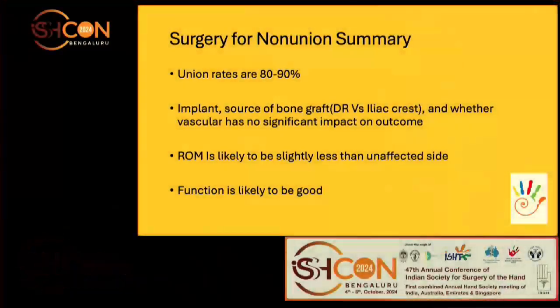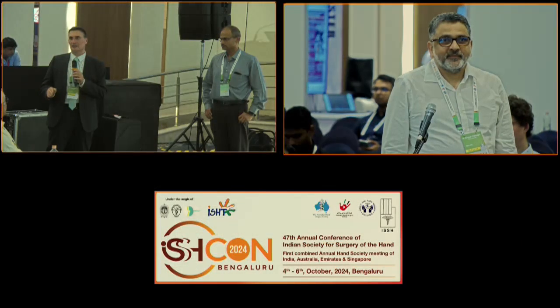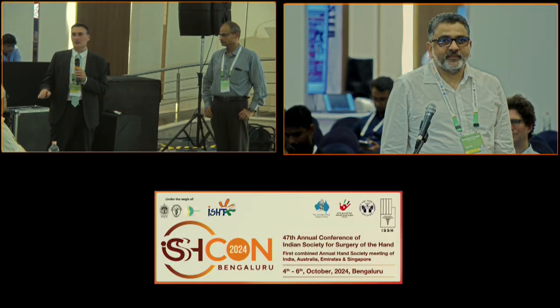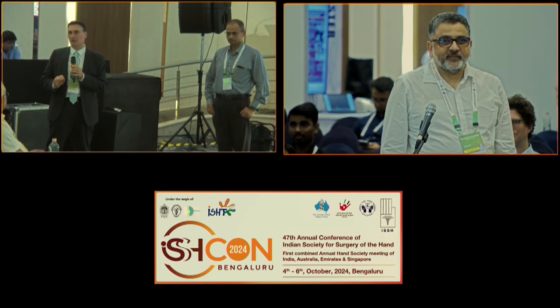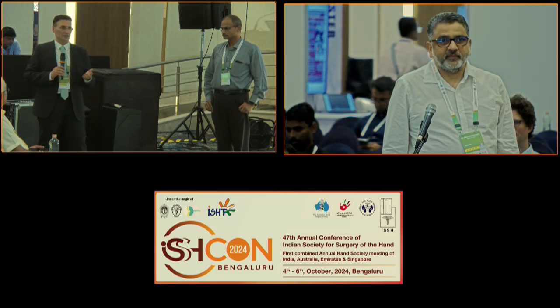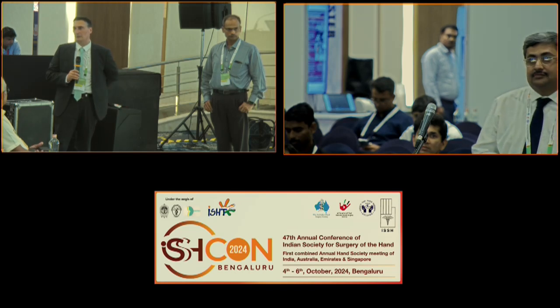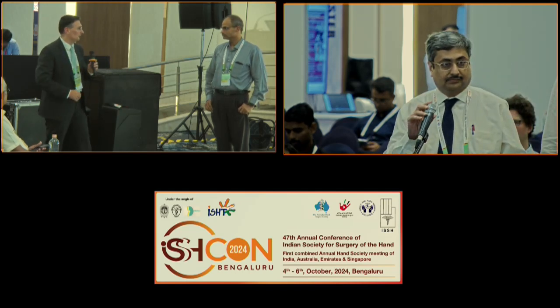There is a very good level 1 evidence that smoking actually will make a difference to the scaphoid union. And whenever I deal with these cases, I just tell them that this is your last chance. So we want to give the best chance. And I think the spine surgeon, if anybody does spine here, they will stop their patient before they do their PLIF procedure because of the risk of non-union.